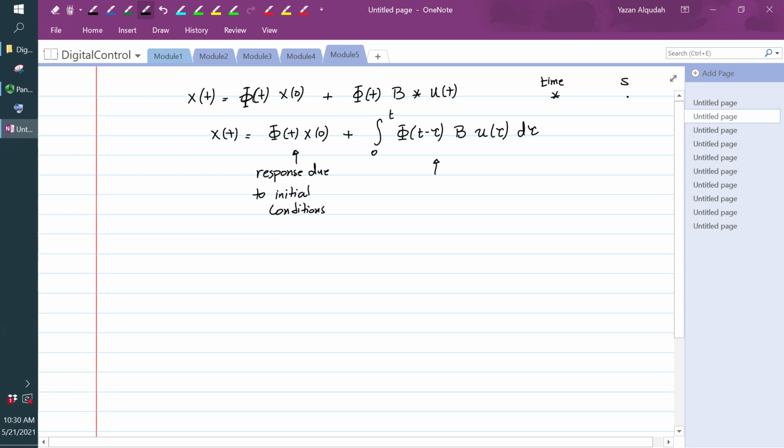And I can also immediately see that this is the response that is due to the input. Okay, so this is the result that we are looking for. Let's just put it in a box.